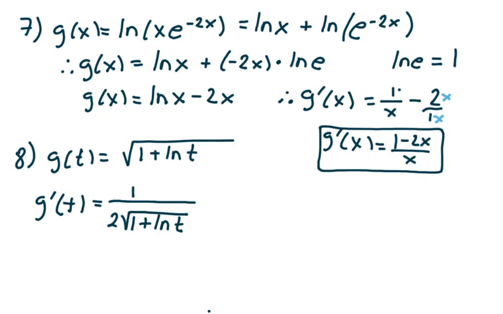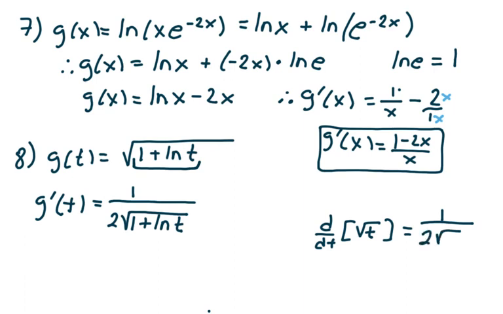Because notice the inside function is 1 plus the natural log of t. And also, we don't want to forget that the derivative of square root of t with respect to t is very common, so this is one I would want to remember. The derivative of square root of t with respect to t is 1 over 2 times the square root of t. So that's where I'm getting this first piece from.